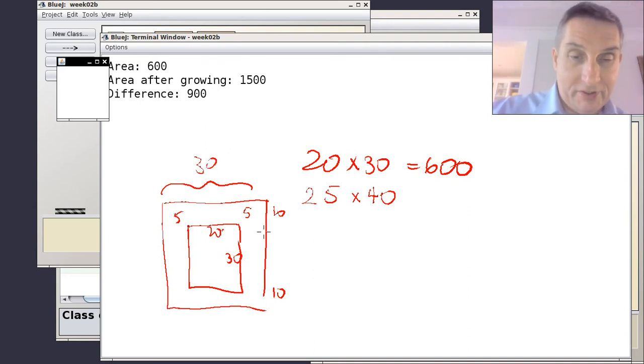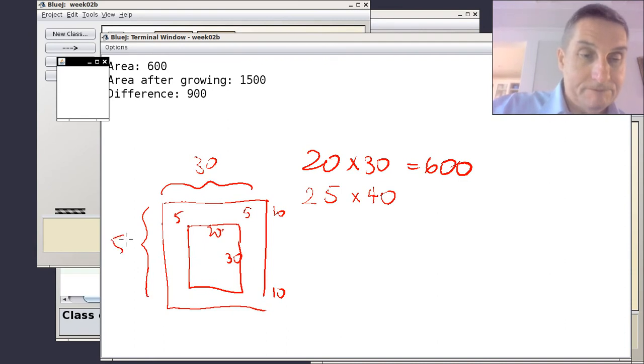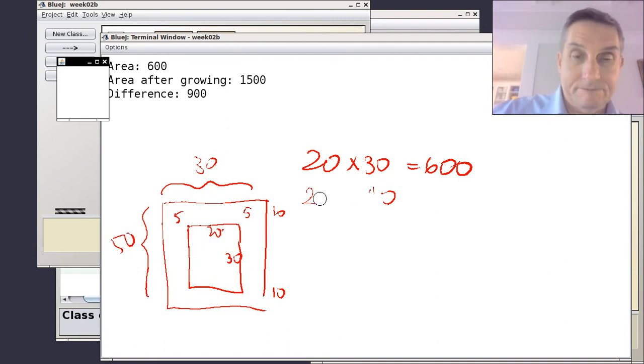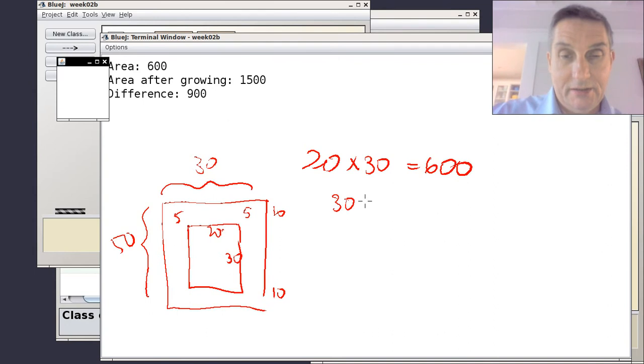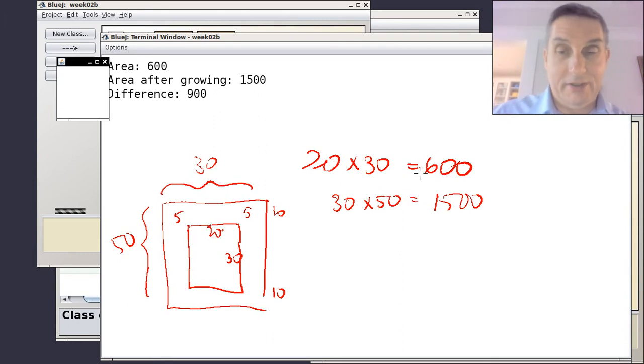And now let's look at this direction. We have 30, 40, 50. And 30 times 50, that is in fact 1500. And the difference is 900.